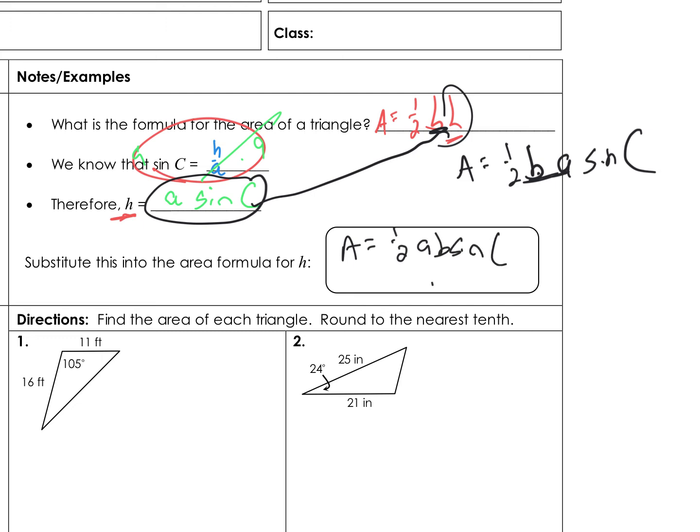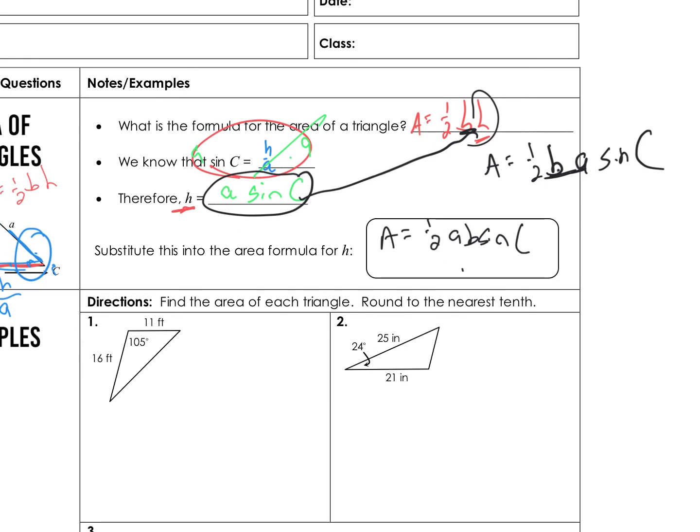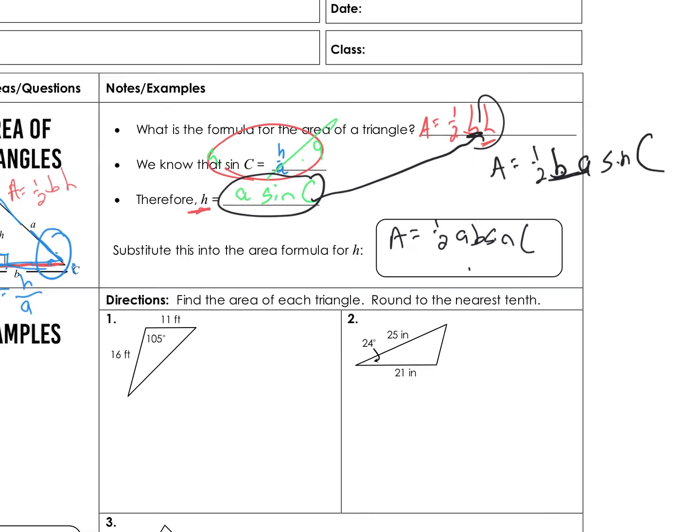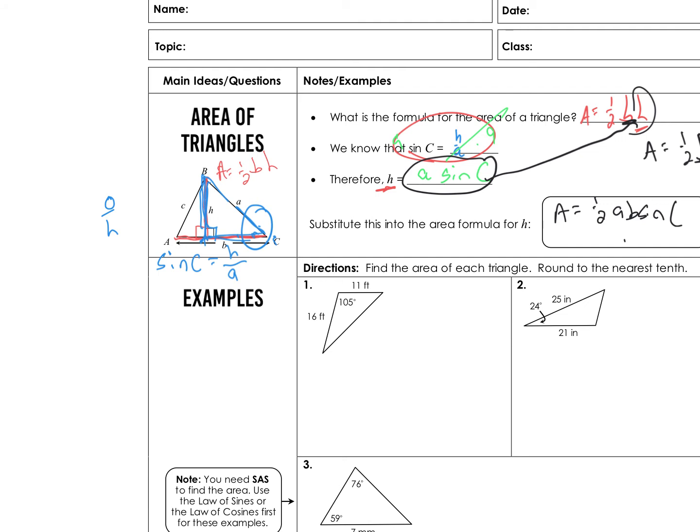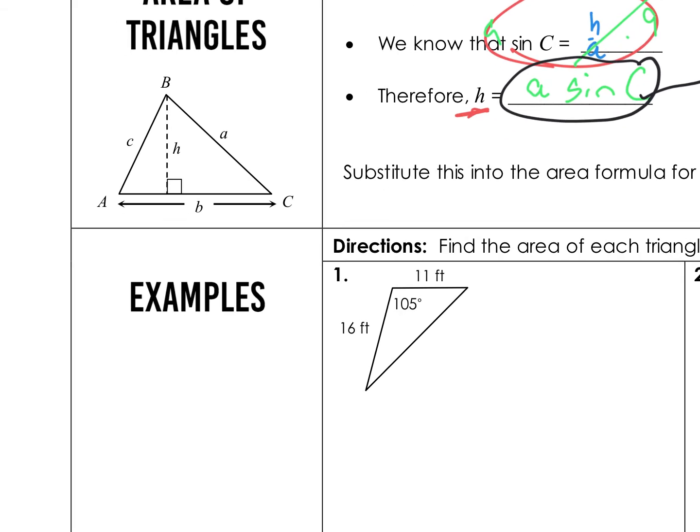That's your formula. Now, how are those related, the A and the B and the sine of C? Let me go back to this picture here. Erase everything. And let me show it to you. This is the formula. It says A equals 1/2 AB.